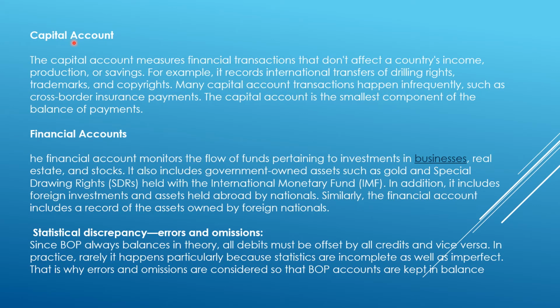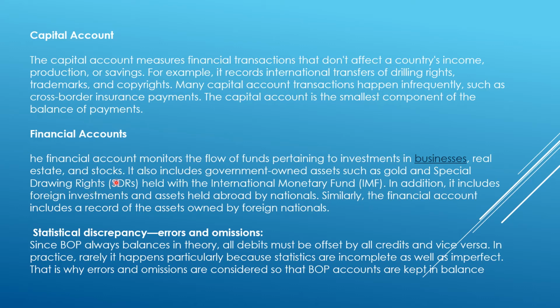The next one is the capital account. Here the capital account records all the transactions related to buying and selling of capital assets between the residents of a country and the rest of the world. Next, the financial account.